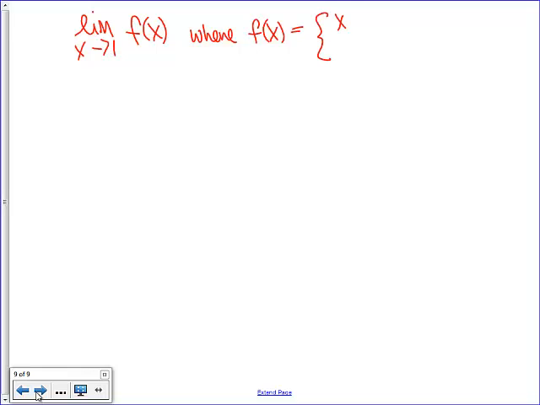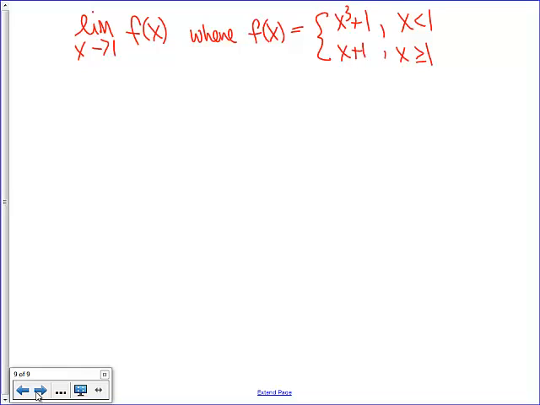Okay, one more. Find the limit as x approaches 1 of f of x, where f of x equals x cubed plus 1 for x less than 1, and x plus 1 for x greater than or equal to 1.